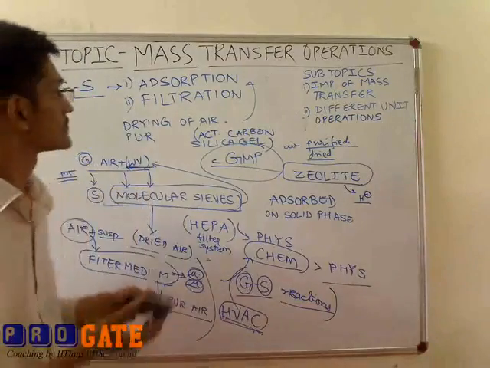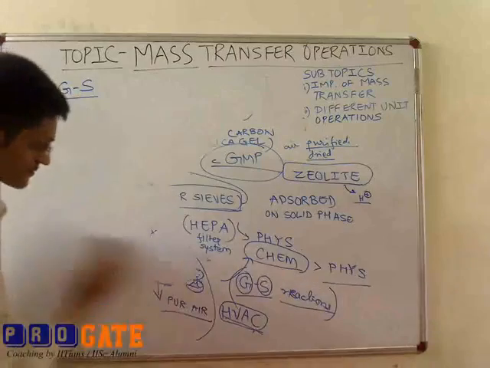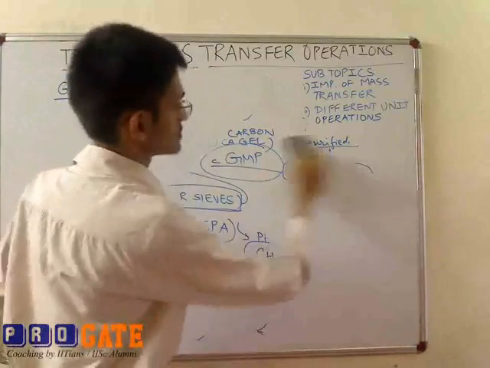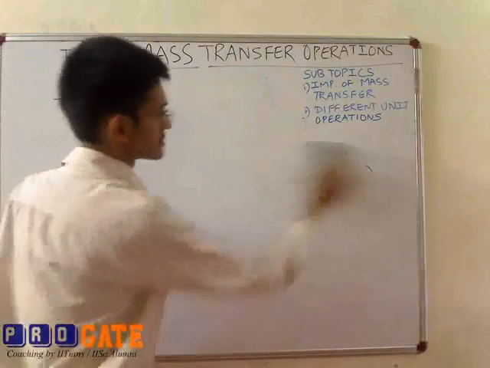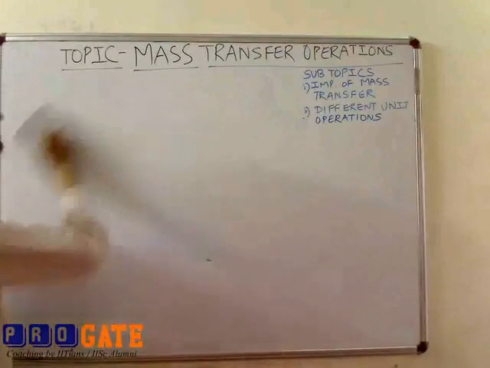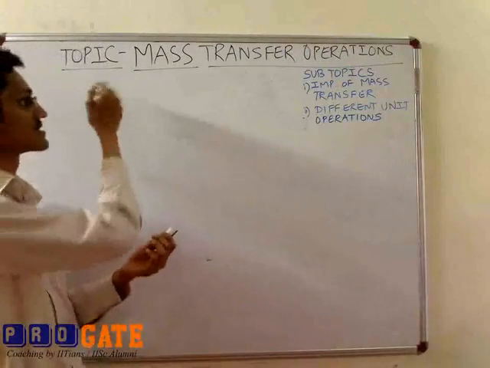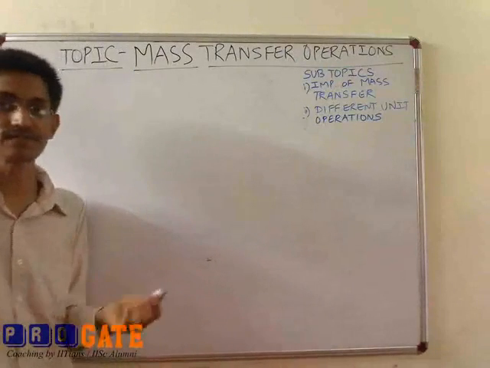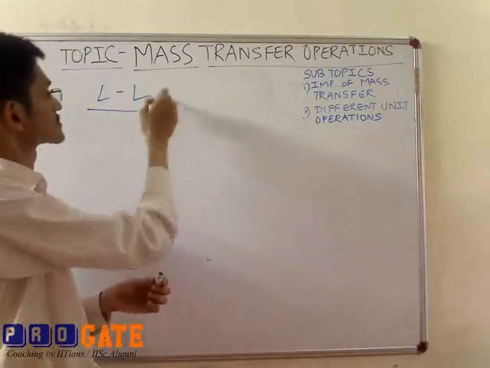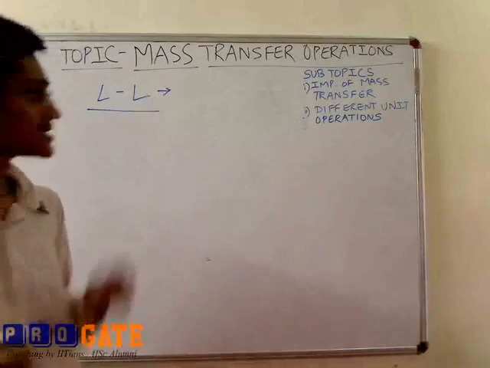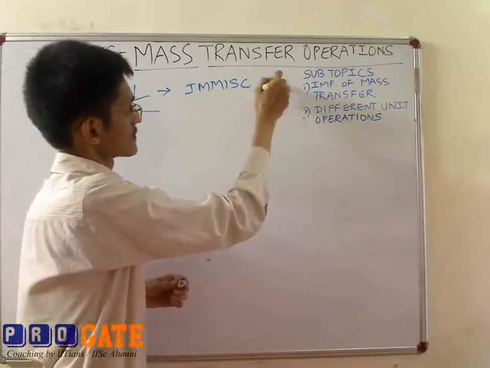So going further, can you guess what remains now is, we have completed the three possibilities with respect to the gas phase. Now it is the liquid. So liquid with liquid. So here the possibility of immiscibility exists.